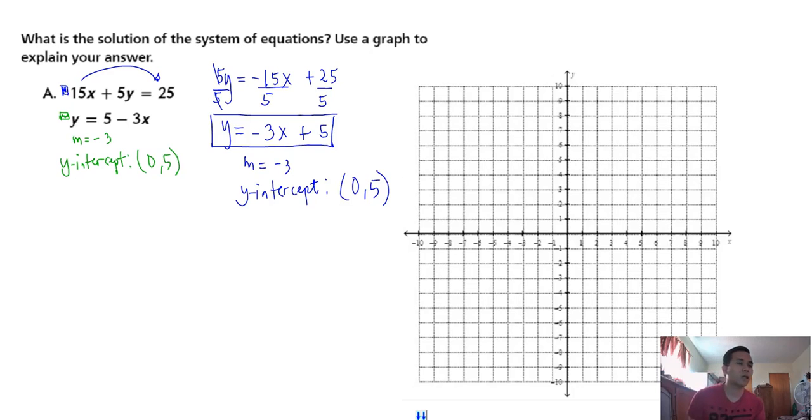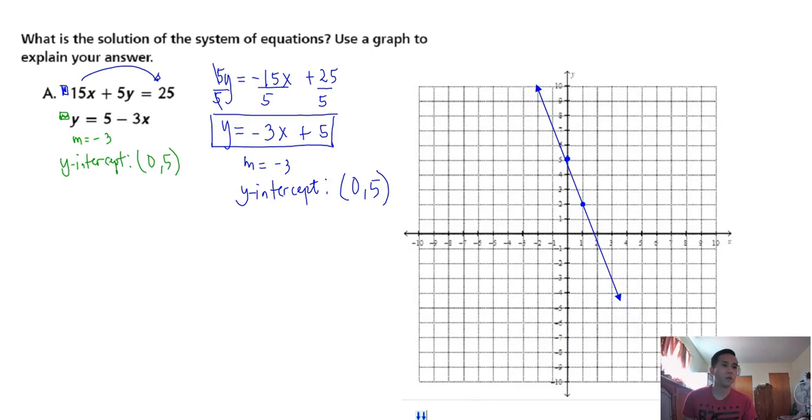Let's draw the line to check our answer. For the blue color, (0, 5) is here, and then the slope is -3, so I go down 3, 1, 2, 3. Those are the points, and then I'm going to draw a straight line, making sure that I'm connecting the 2 points.